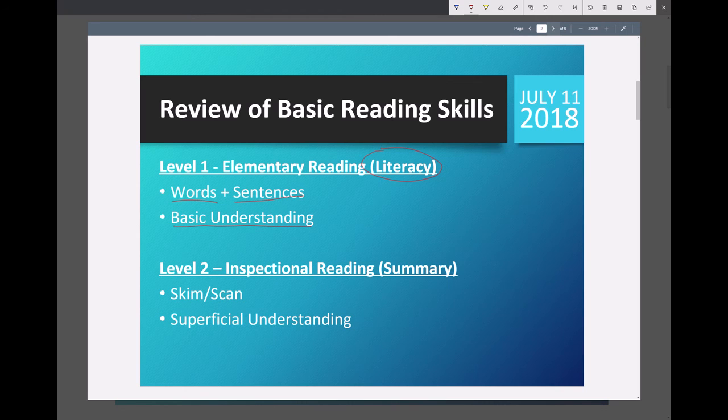Now, even in level 1, it depends on your level of vocabulary. So while this is the first level in your reading skill, you can improve even within level 1 by improving your vocabulary as well as your grammar.